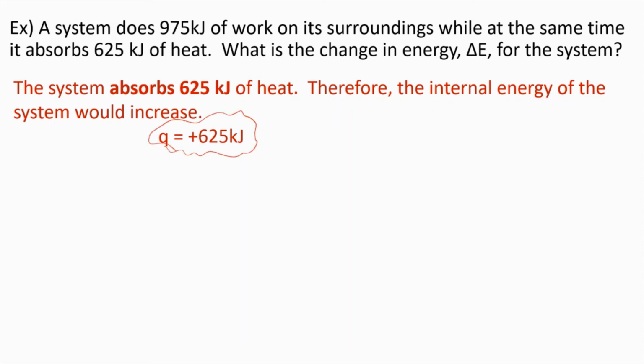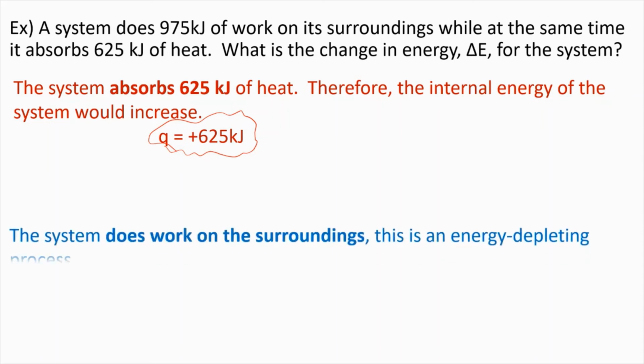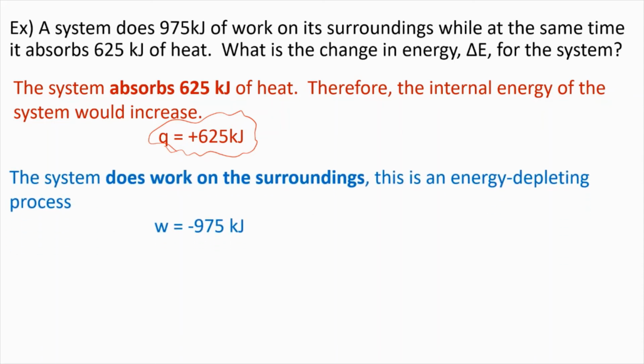Remember that from honors chemistry. Positive and negative just tell us if heat has been released or absorbed. Because the system is doing work on the surroundings, my W is negative. Remember, a negative means the system does work on the surroundings.